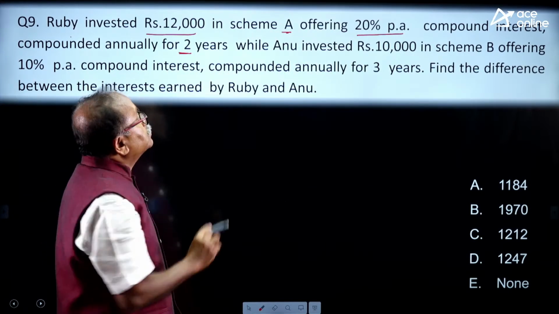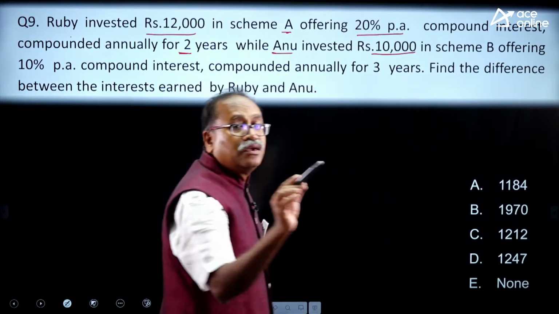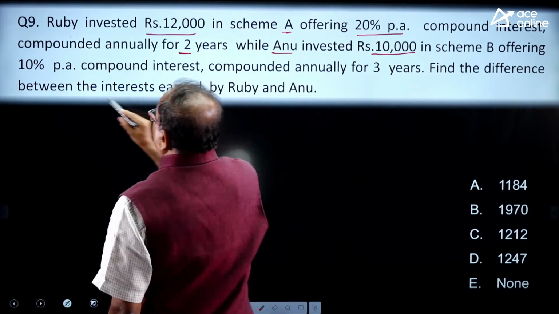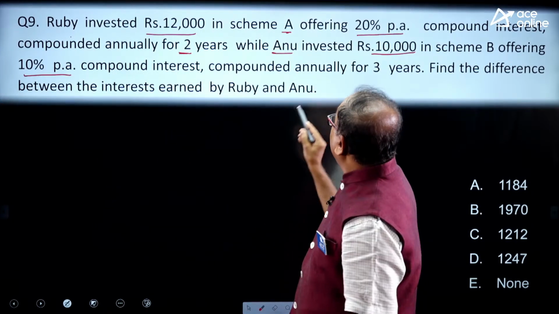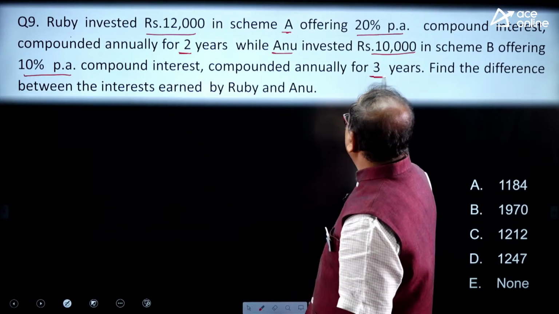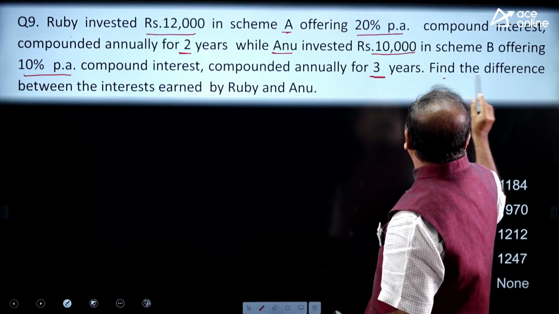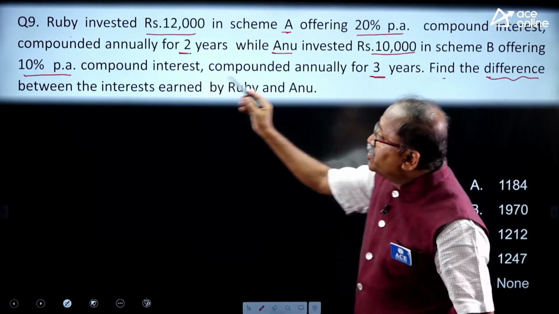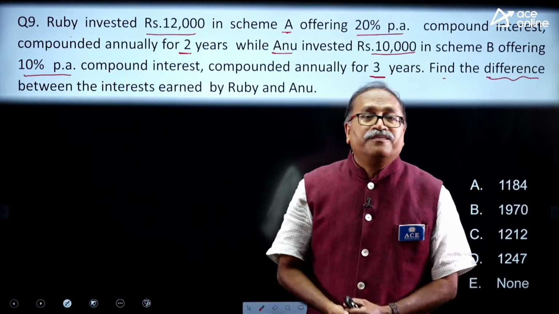Whereas Anno invests rupees 10,000 in scheme B, which offers 10% per annum compound interest, for a period of 3 years. Now find the difference between the interest earned by Ruby and Anno.